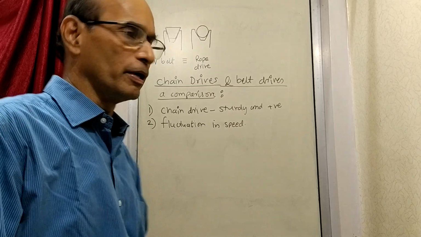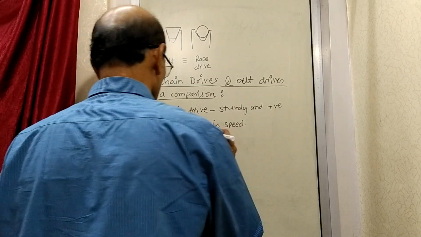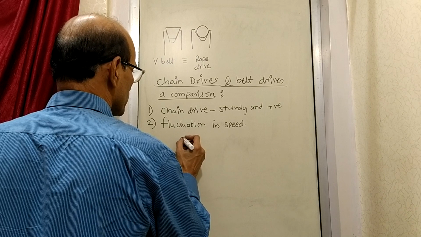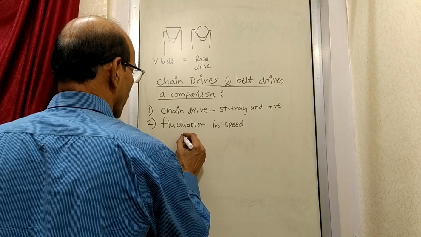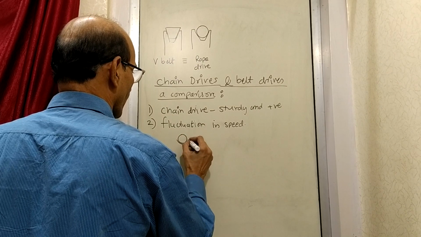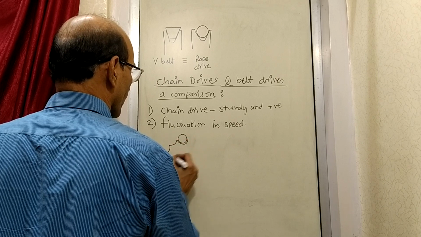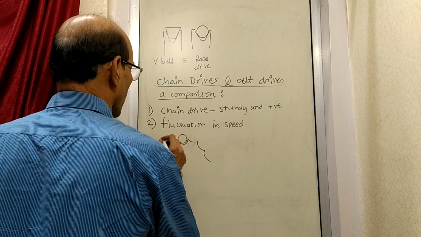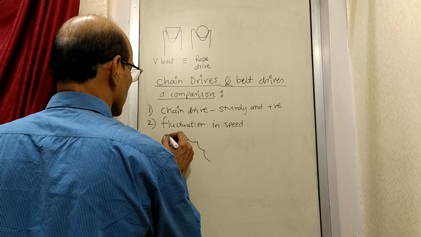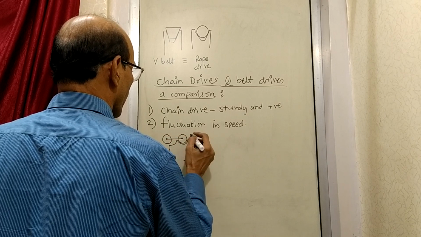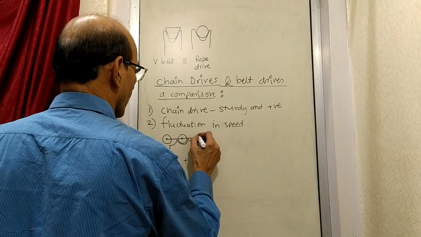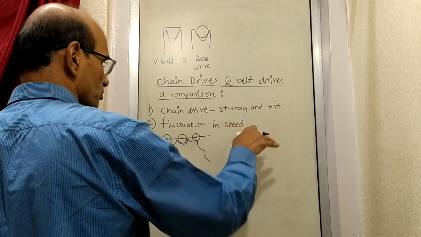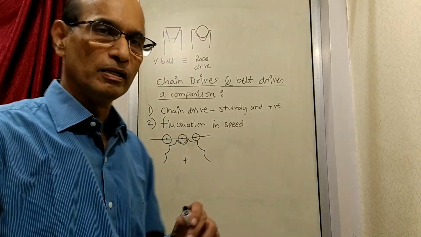Now let us see what we have written. Let's draw a chain drive, and I'll draw, let's say, a position like this. This is a wheel, and let's say here there is a chain. So the chain is moving on the wheel.